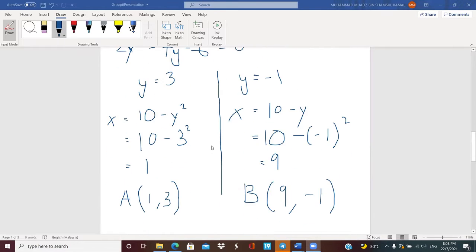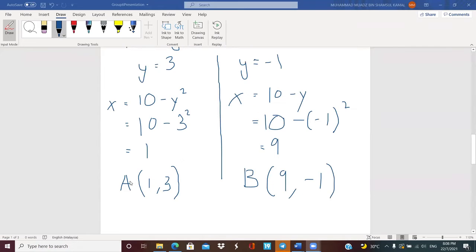To get the x coordinate, we need to substitute the y into the initial equation. So the coordinate for A is (1, 3). The coordinate for B is (9, -1).